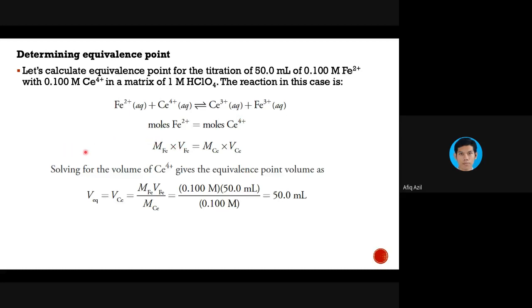Moles equals MV. Okay, so that's why it is written as M1V1 equal to M2V2. So just by putting in all of these values that you have from the equation, you can obtain the volume for the cerium 4 plus, which is 50 ml. Okay, 50 ml.